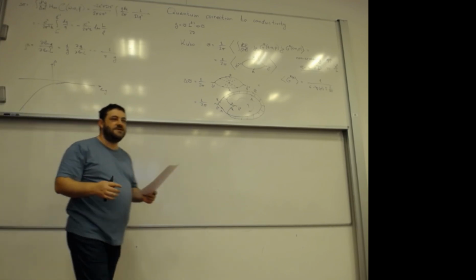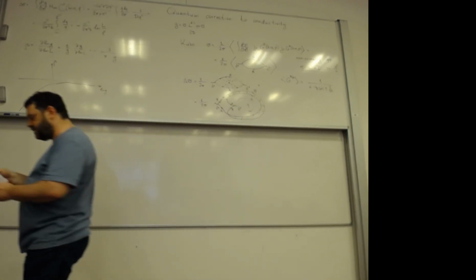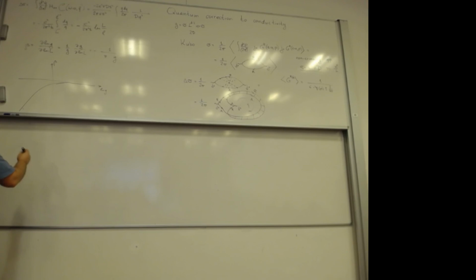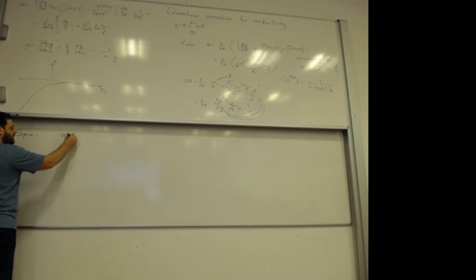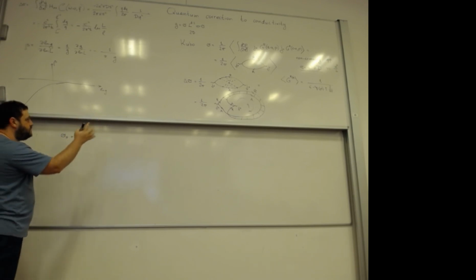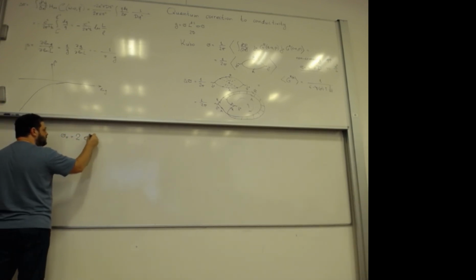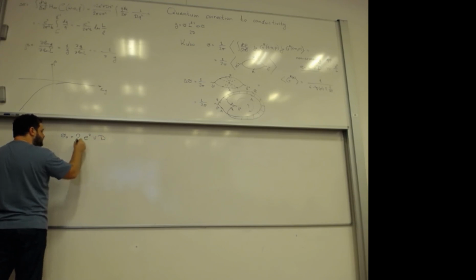This was all for spinless electrons, just some scalar particles, the function is a number, everything is a number. Spin tells us the following thing. First of all, everything should be multiplied by 2. Sigma 0, the conductivity of a metal, is now not e squared mu, but 2 e squared mu. This is spin.